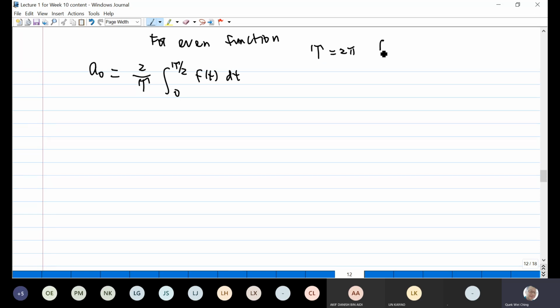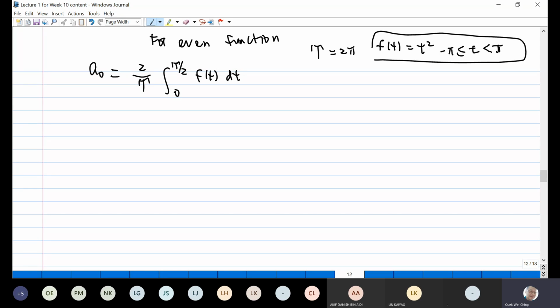Here f(t) equals t squared, where t is from minus pi to pi. So this is 2 over 2 pi, integral from 0 to 2 pi over 2 of t squared.